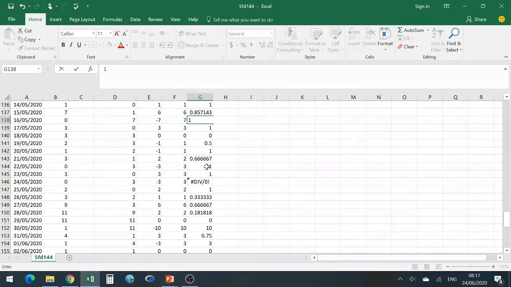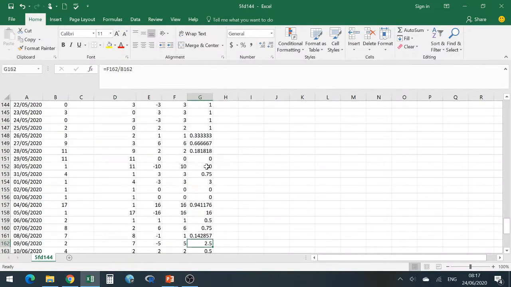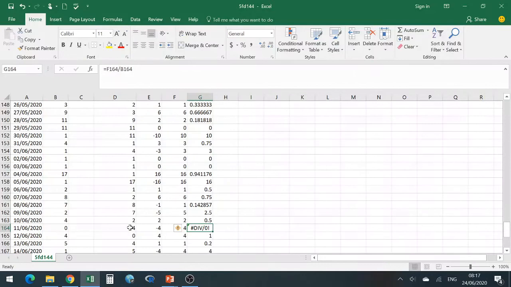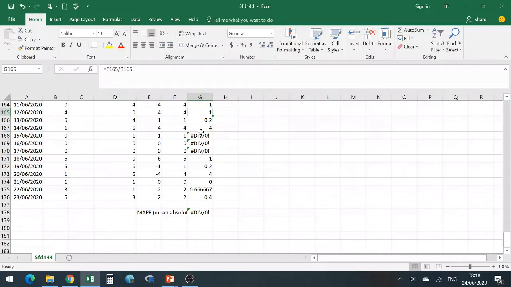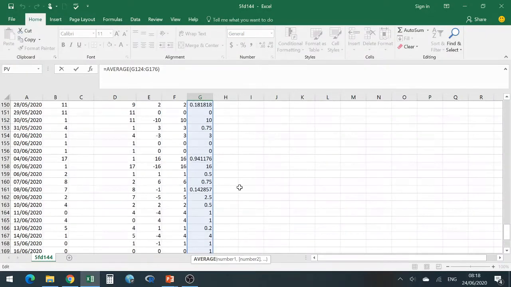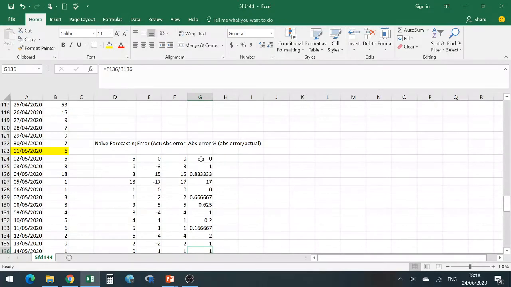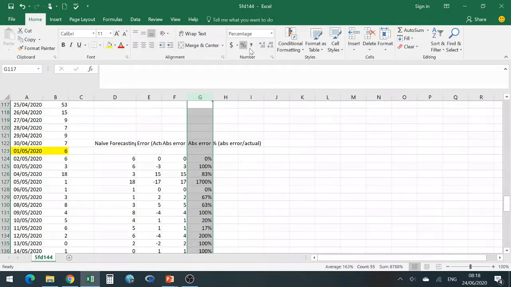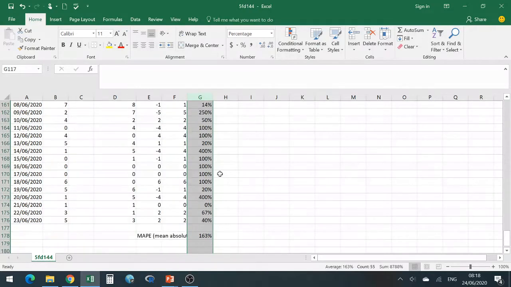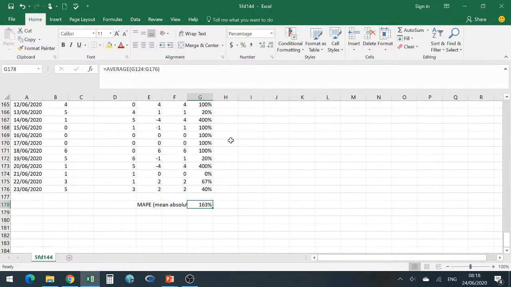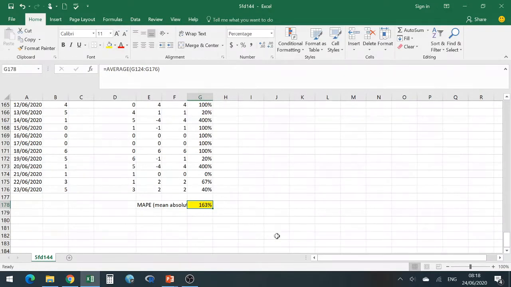Making it 1 means 100% error, because we forecasted 4 but the actual was 0, so the error is 100%. We make it a percentage here. For this forecasting, MAPE is 163, which is not good. Remember, you want this number smaller.